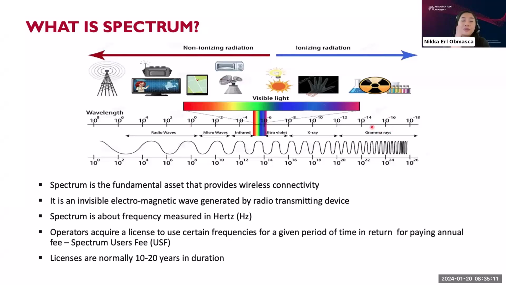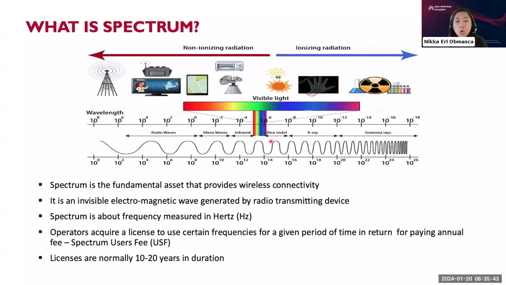The rainbow has different colors: red, orange, yellow, green, blue, indigo, and violet. Now let's replace these colors with ranges of invisible waves. This range of waves is what we call the radio spectrum. We have different kinds of waves like radio waves, microwaves, infrared, ultraviolet, X-rays, and so on.